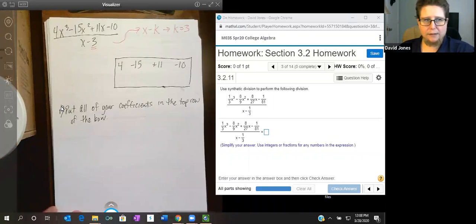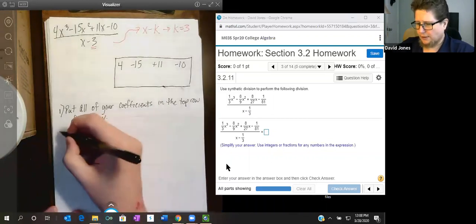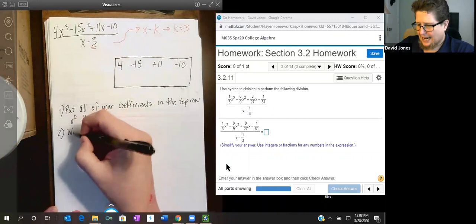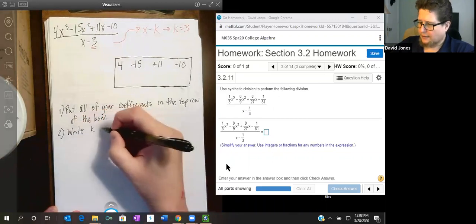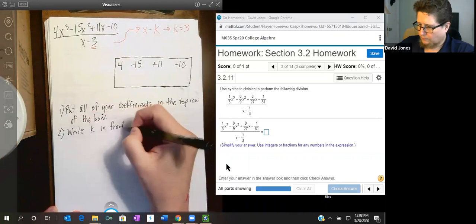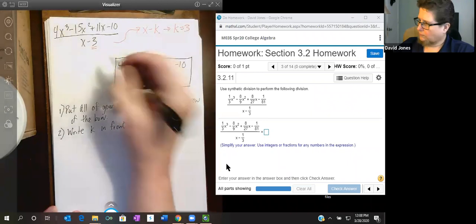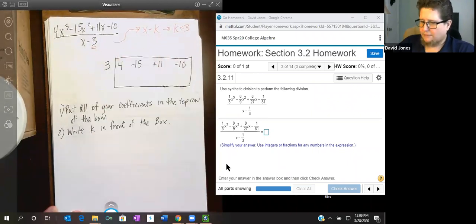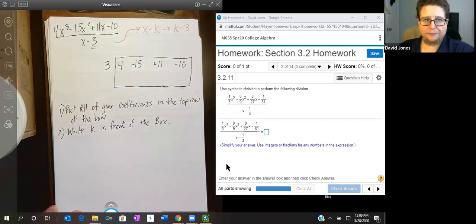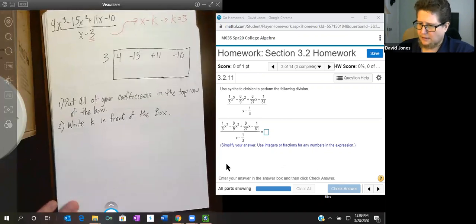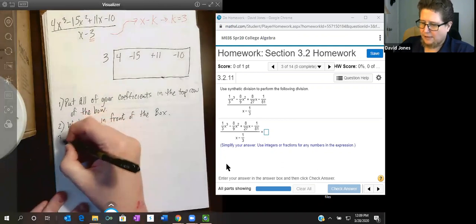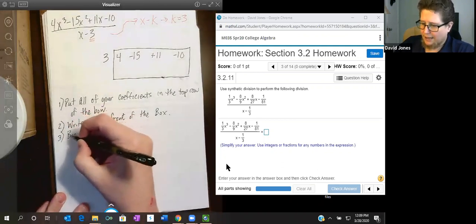Step 2, write k in front of the box. Remember, it's the opposite sign of what's there. Step 3 is even easier. Bring the first number down unchanged.